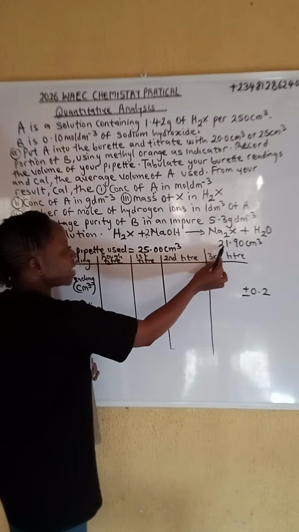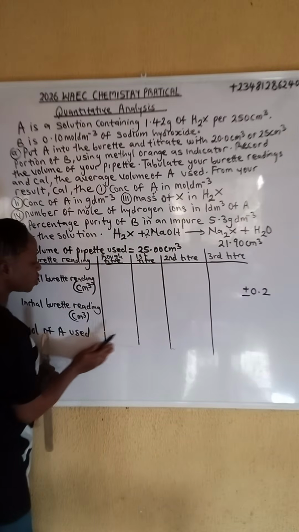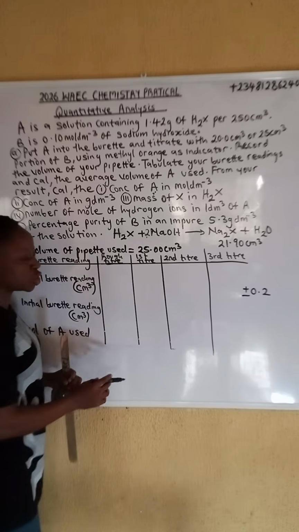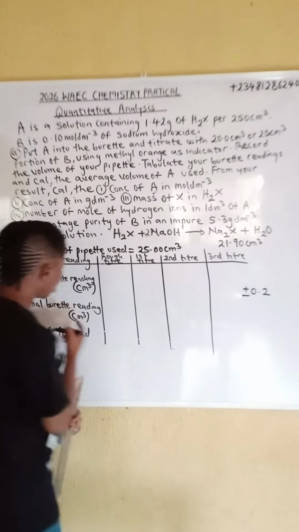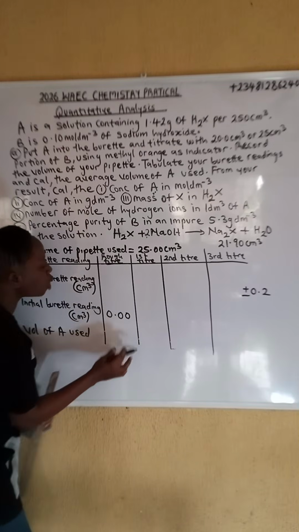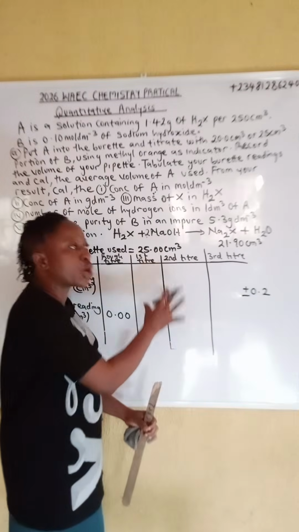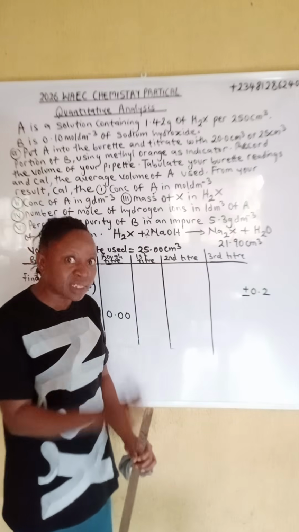Now, to get my first record under rough titration, your burette starts from 0. So your initial burette reading will be 0.00. Make sure that everything that will be recorded in this table is in 2 decimal places.